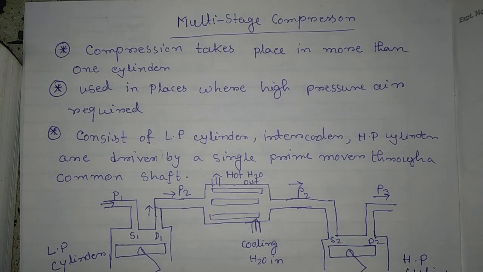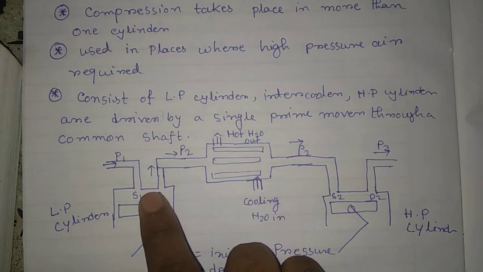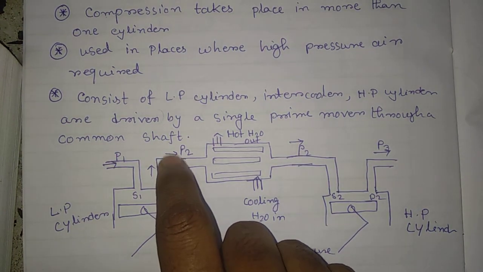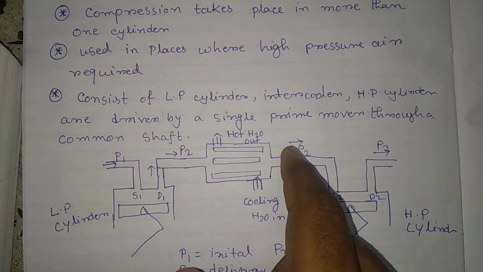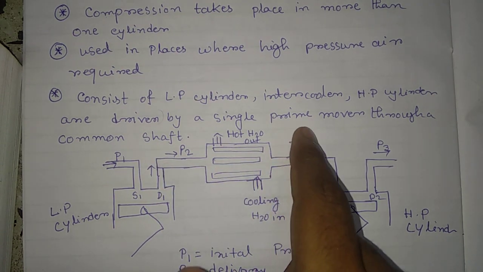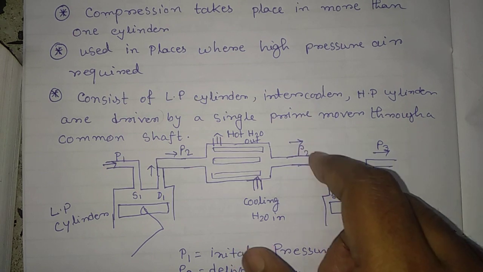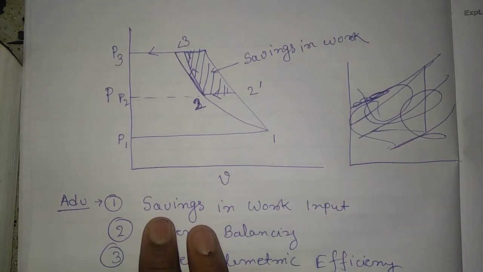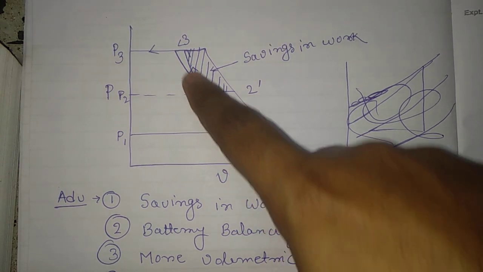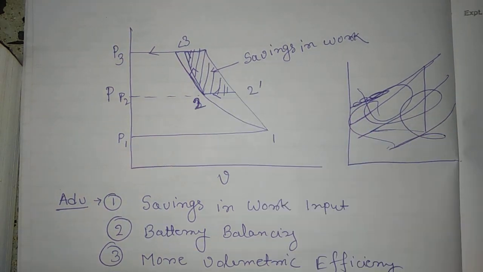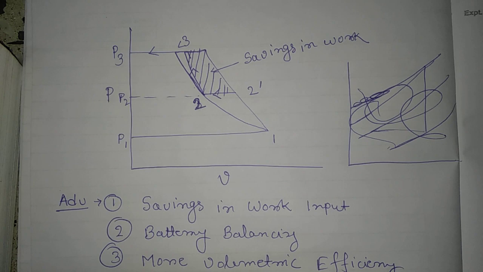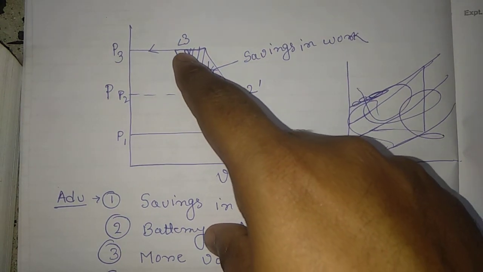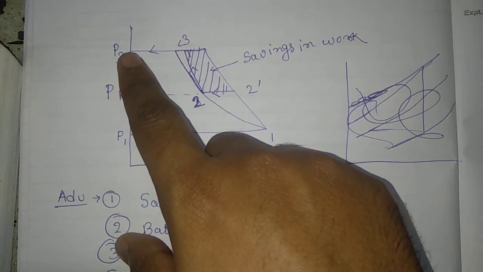So this is your single low pressure cylinder, in which 1 to 2 is the compression, this is your 2 and this is your 2 dash. So P2 dash or T2 dash, and now this is your T2. In 2 to 3, the high pressure compression process takes place, and then the air will be discharged or delivered.